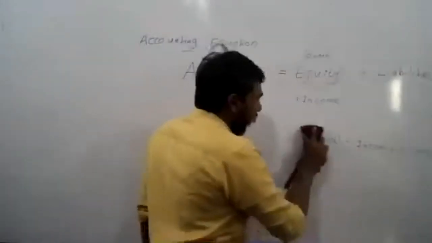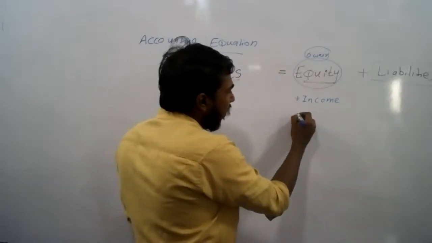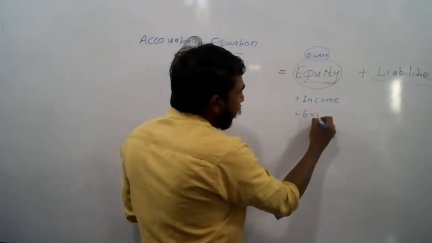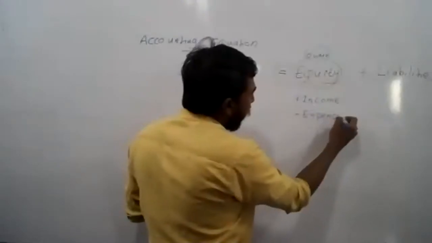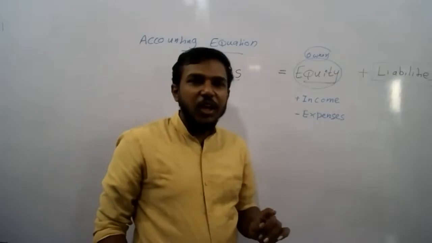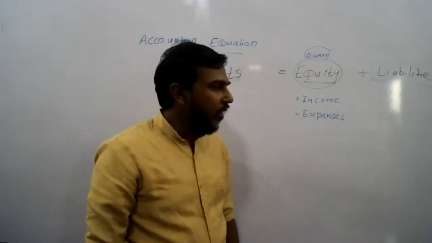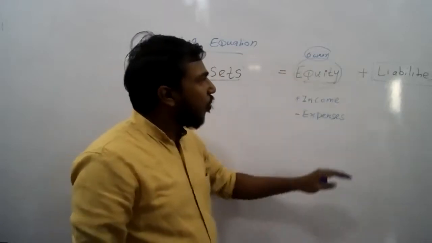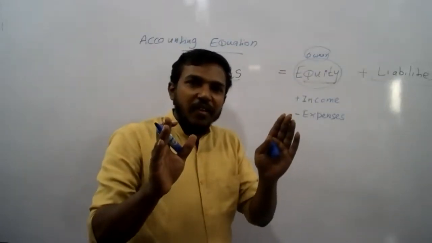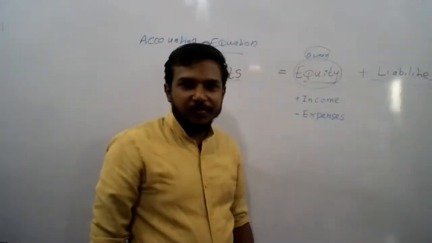Then if there are any expenses, you have to subtract them from the equity. Clear? So this is how we arrange the 5 elements for the accounting equation.